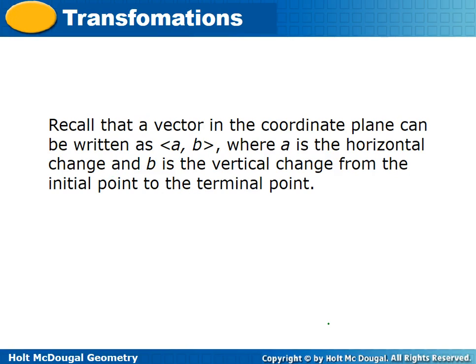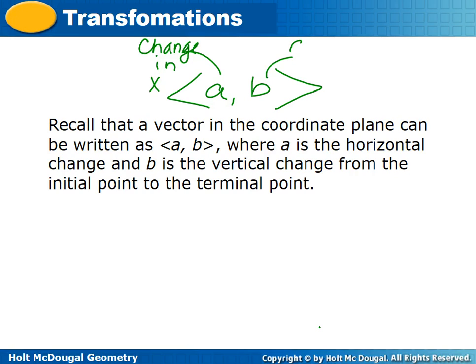Recall that a vector in the coordinate plane can be written as, notice these brackets are really pointy, we got a here in the position of our x value and b in the position of our y value. So this right here is going to be a change in x, and this is going to be a change in y.